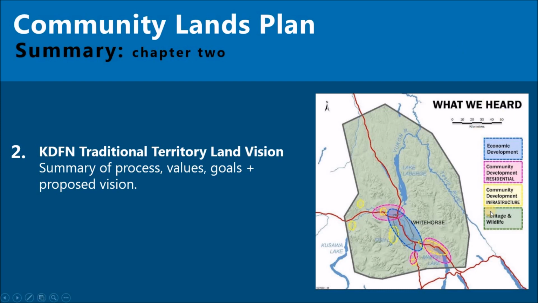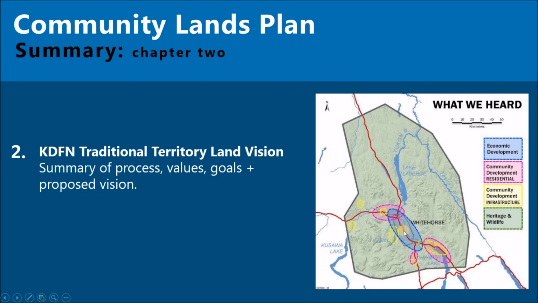Now, I should note that as part of the land vision, the community lands within Whitehorse were primarily identified for revenue generation or economic development. And so that means that those lands then are seen as being primarily to make money for Kwalndun. These more traditional values such as wildlife and heritage can be held outside of the city, allowing Kwalndun then to take its city lands and generate revenue through them.